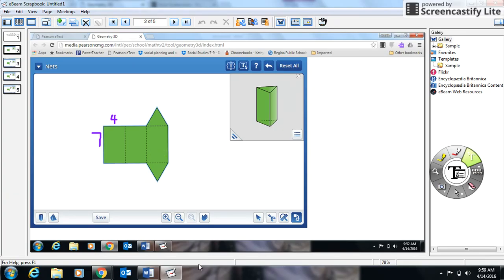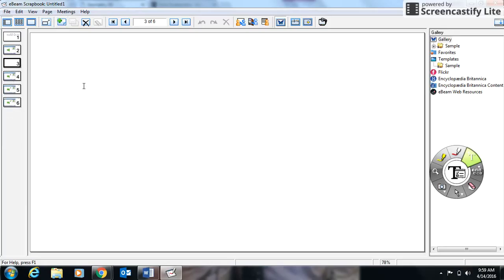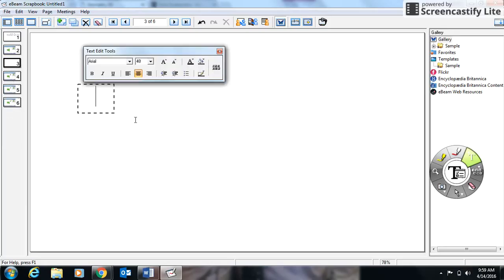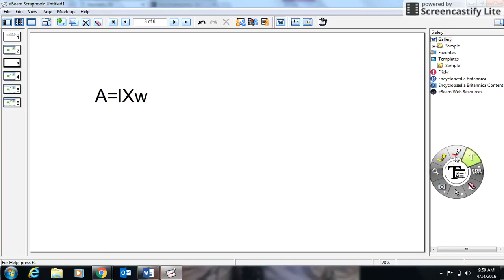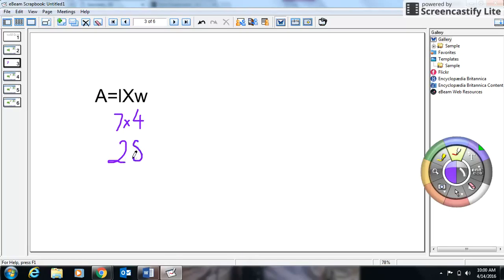Alrighty, so let's go do that right now. Area, we'll do it this way. Area equals length times width. Okay, and in this case, it is 7 times 4. And 7 times 4 is 28.